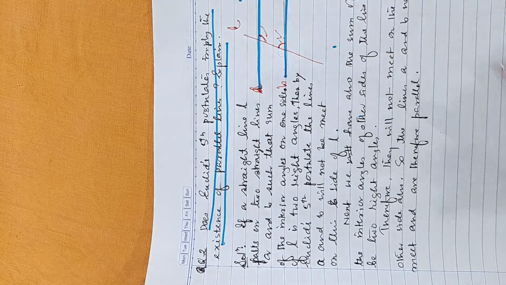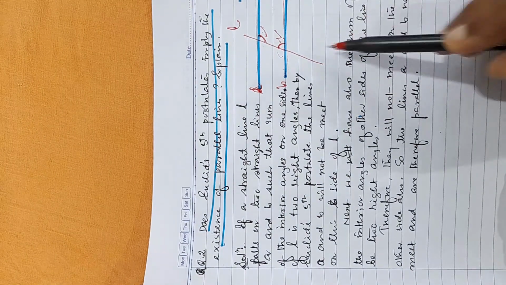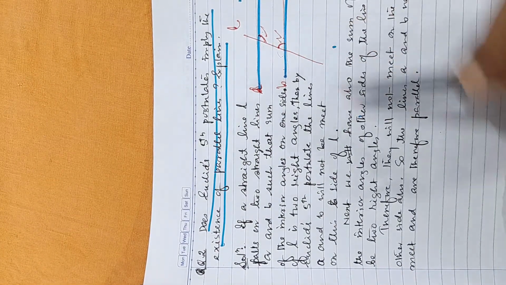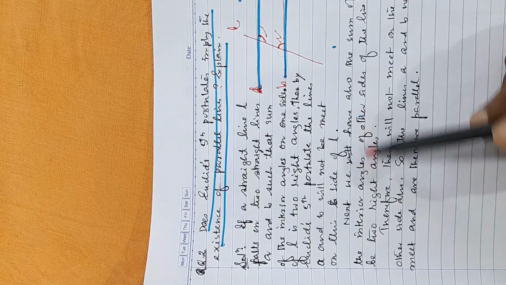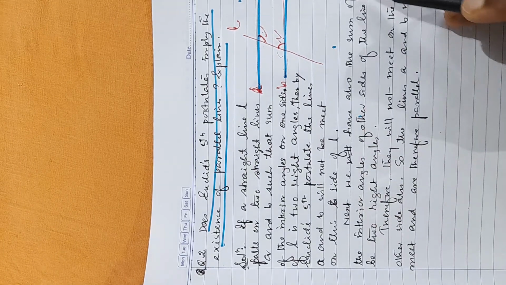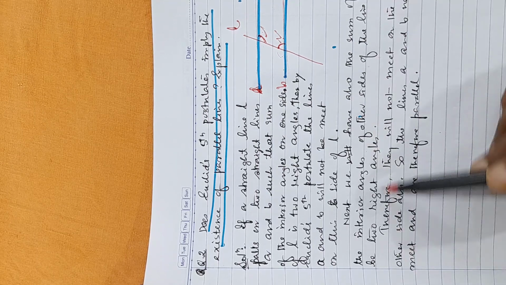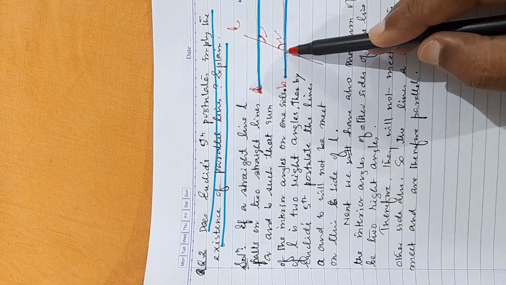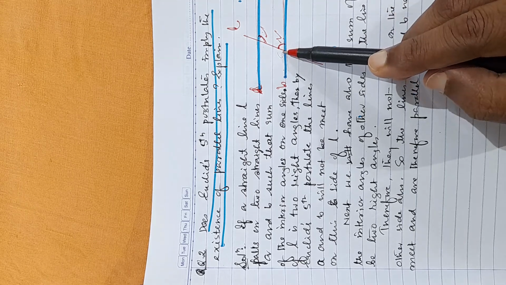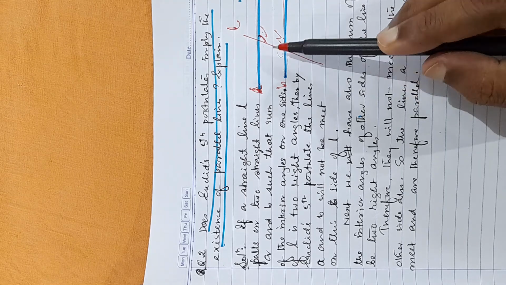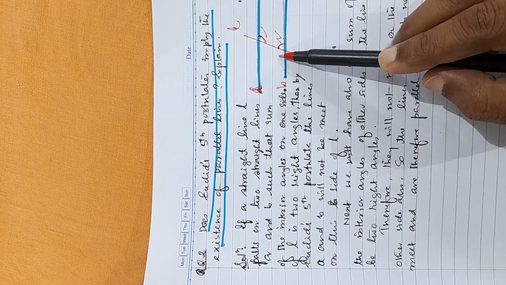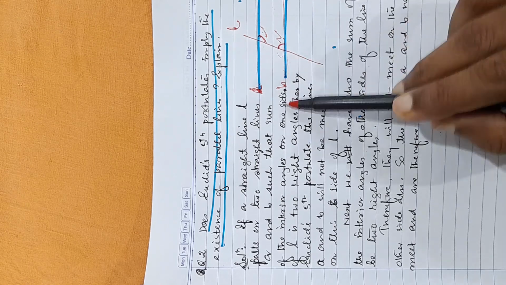Next, we also have the sum of the interior angles on the other side of the line L being two right angles. Here also we will get two right angles, so on this side also they will not meet.